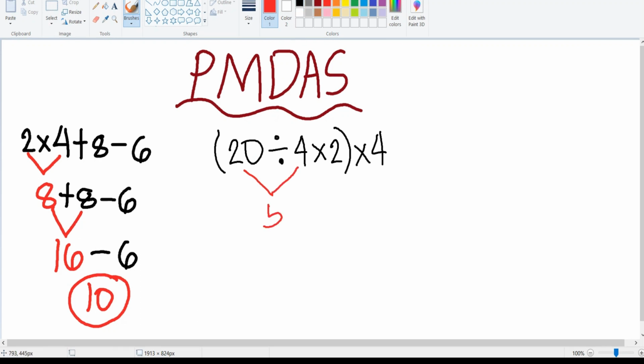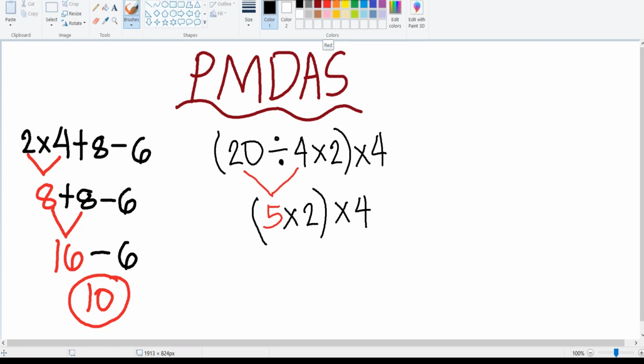Now what will happen to the rest? Still, we will copy the remaining operations and numbers. Now we're done with dividing 20 by 4. Now I know you are confused why we start with division even though the PEMDAS order starts with multiplication.